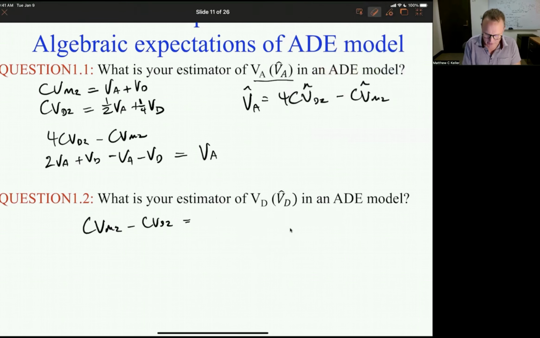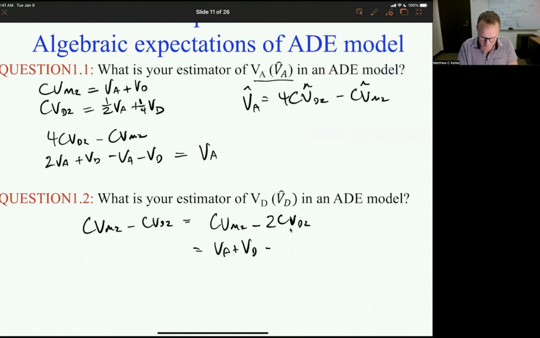What if, on the other hand, we took covariance of MZ minus twice the covariance of DZ? This would give us VA plus VD minus VA minus a half VD. Now, I think we're in business because these VAs cancel out and we're left with a half VD.